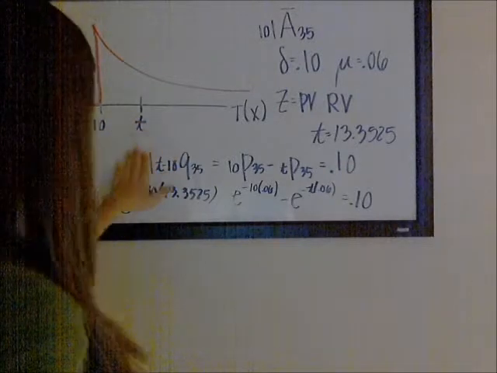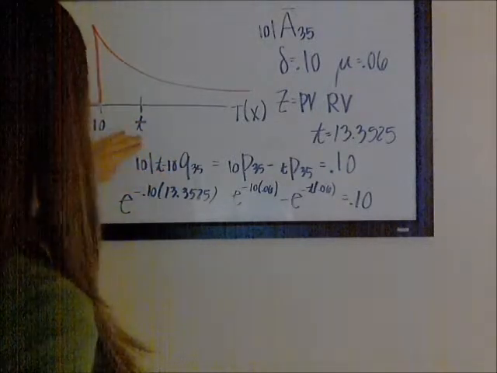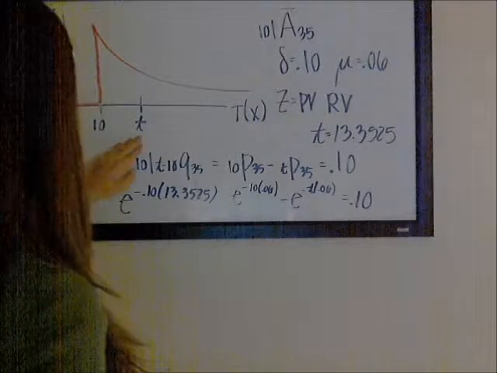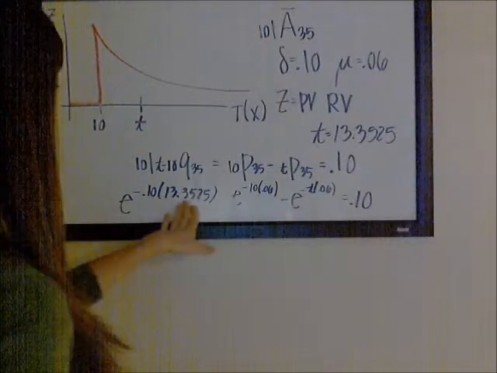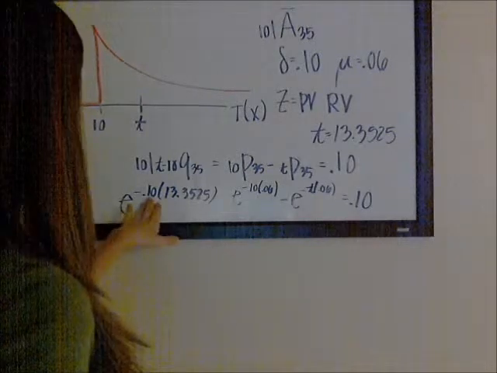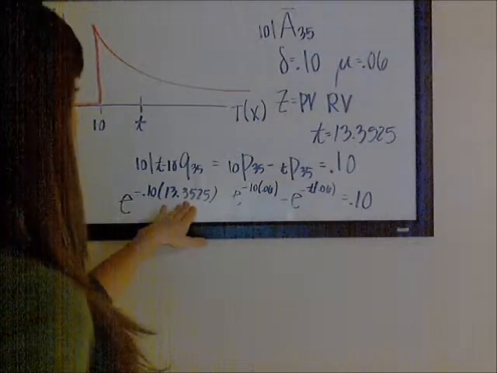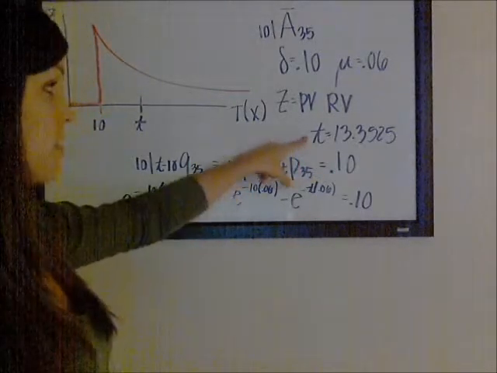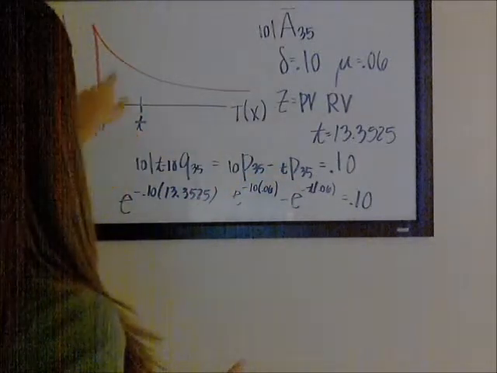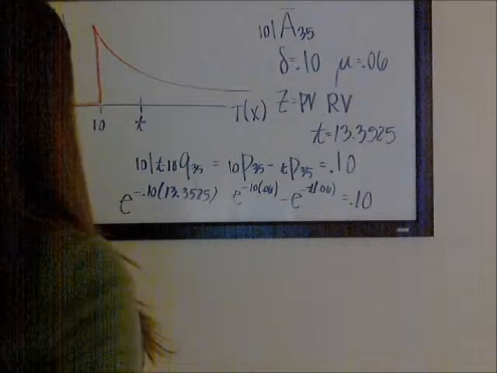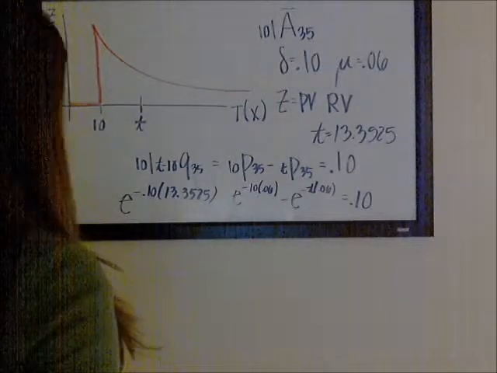We're looking for the value of an insurance that pays a benefit of 1 here at this point t. So v to the t is going to be e to the negative force of interest times the t that we found that is associated with that period in which we have the largest 10% of Z values.